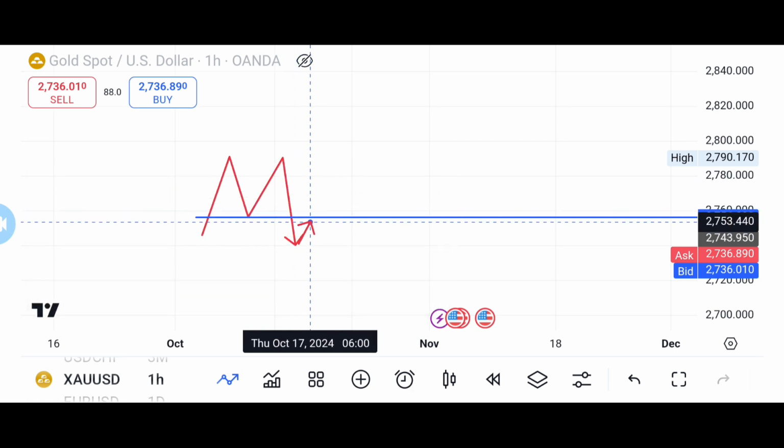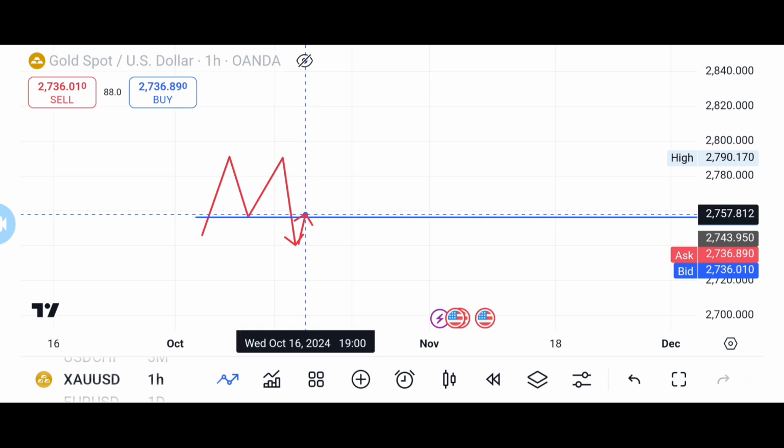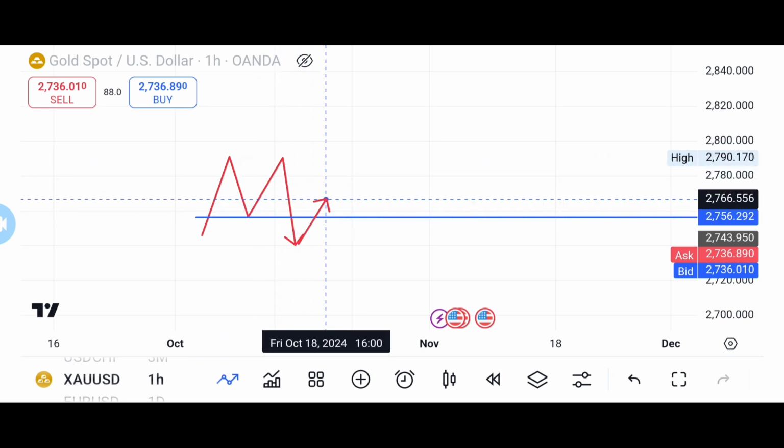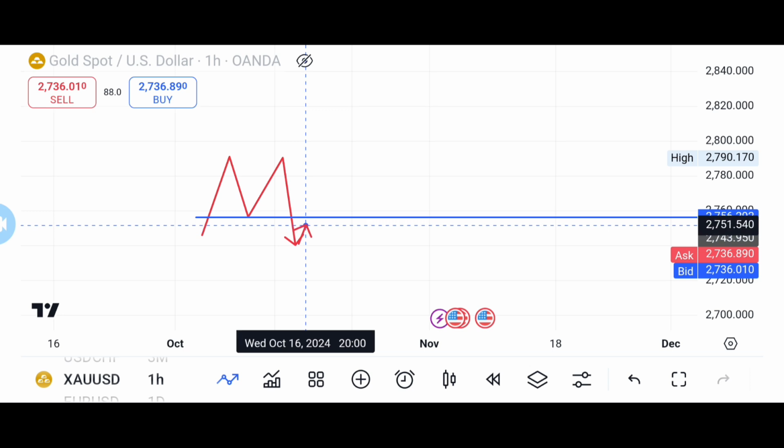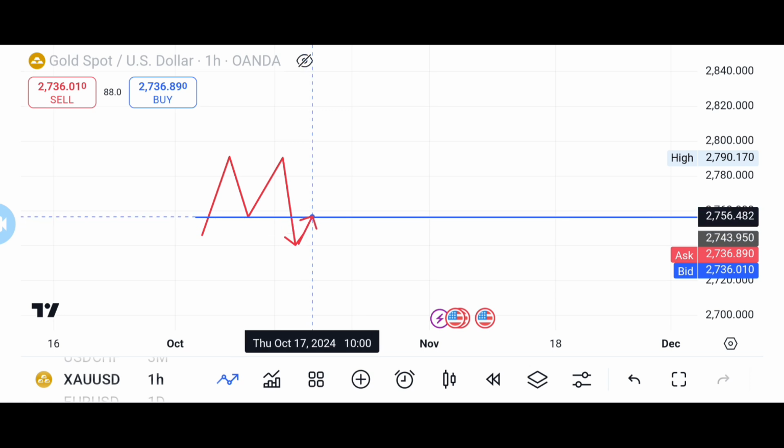So rule number one of this pattern setup is, if the price retraces back to the neckline, it must not break this neckline. The buyers should not break the neckline with a body.